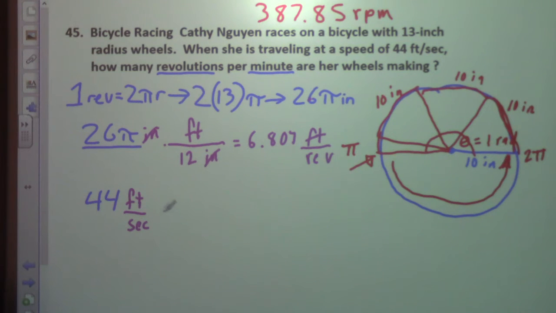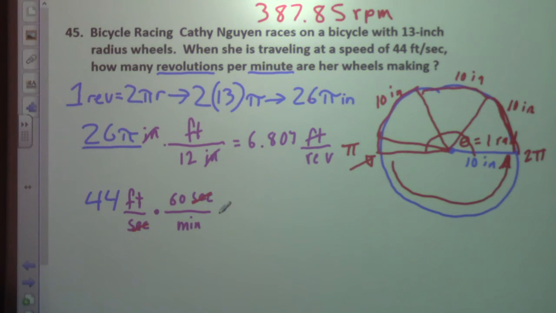Change it to minutes. And so how many seconds do we have per minute? 60. So to cancel out the second down here, where do seconds have to go? On top. So we have 60 seconds per minute. And now what cancels out? Seconds over seconds. So we've done that. Now what do we have to cancel out? Feet.